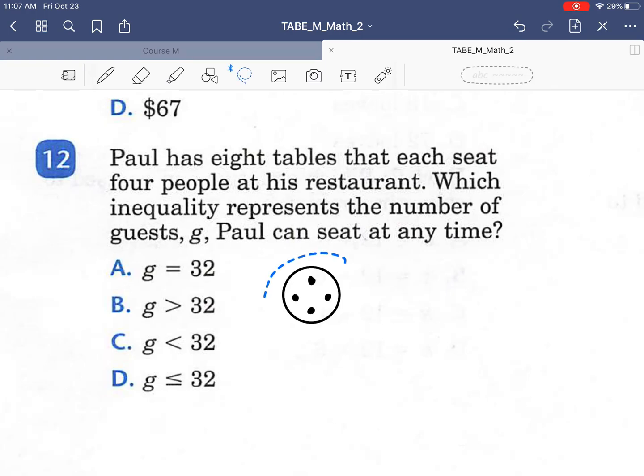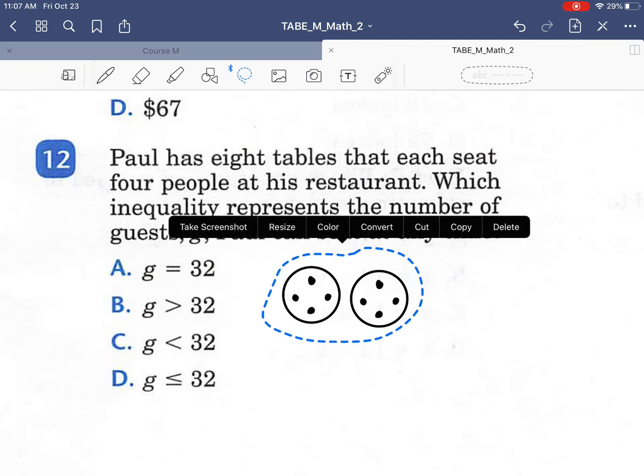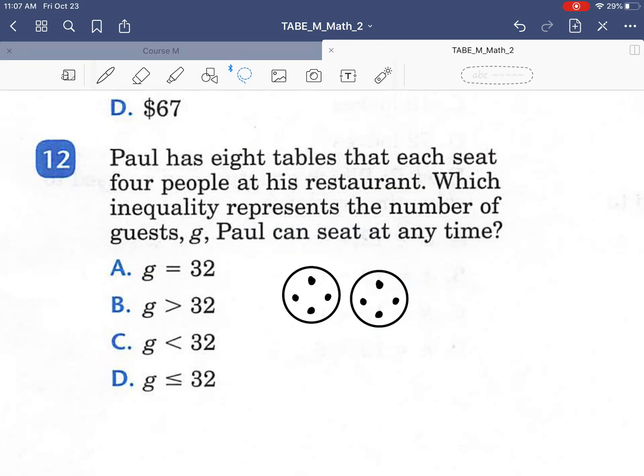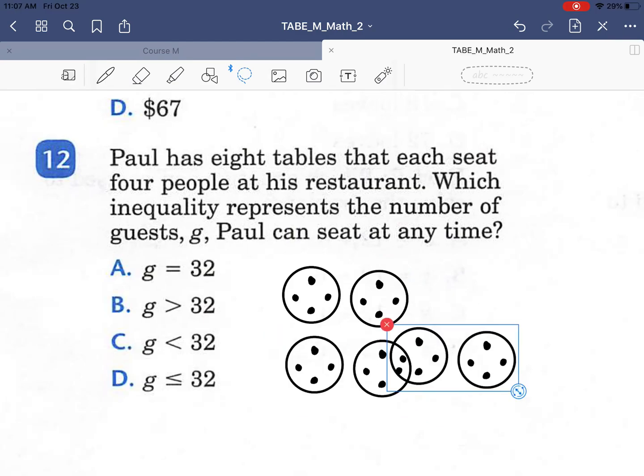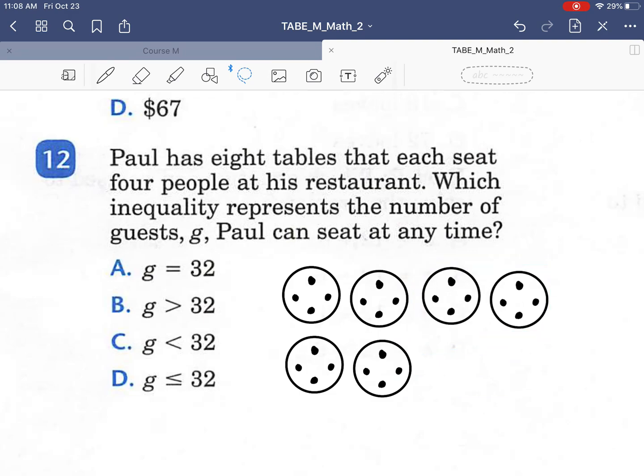How many of those tables does Paul have? 2, 4, 6, 8. I'm doing this to show you the value of drawing a picture.